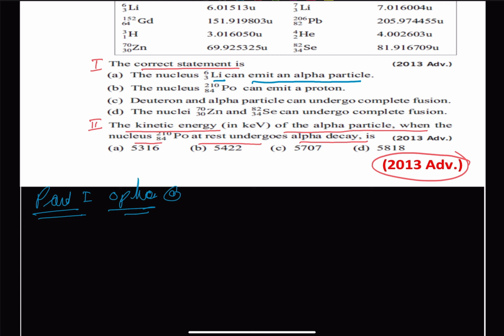It states that our lithium, which is 6 and 3, emits an alpha particle. So this will be giving us a hydrogen 1 and 2 plus our helium, that is 2 and 4.